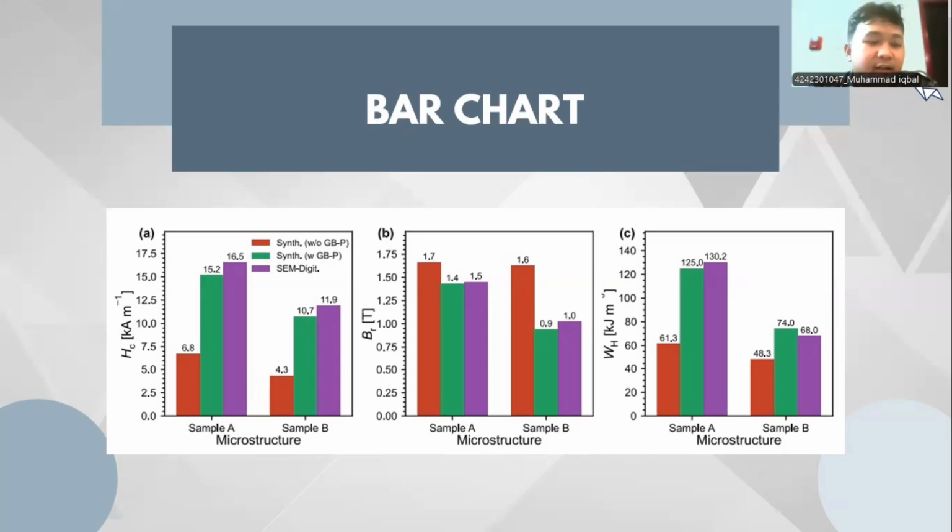Looking at figure A, we can observe that the coercivity increases significantly when the grain boundary phase is introduced. For both sample A and sample B, the SEM digitalized results are consistent with the synthetic microstructures that include the grain boundary phase. Moving to figure B, the remanence decreases when the grain boundary phase is present, especially for sample B. This shows that the grain boundary phase reduces the ability of the material to retain magnetization after the external magnetic field is removed.